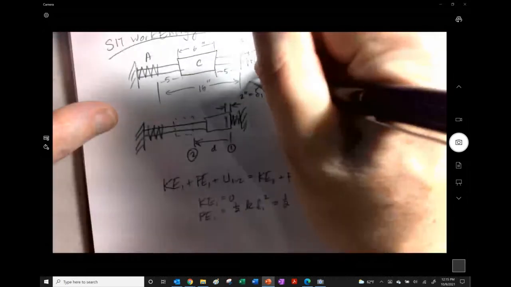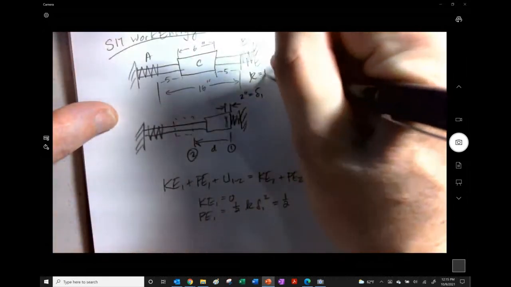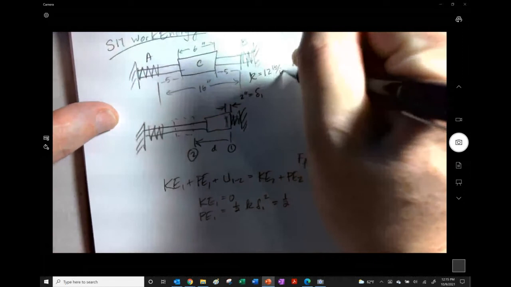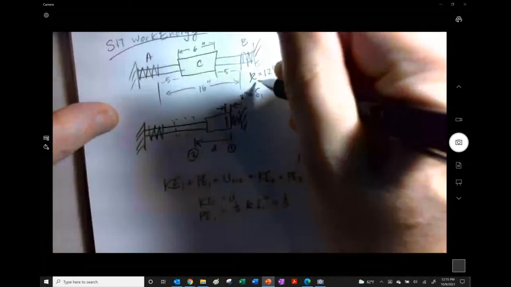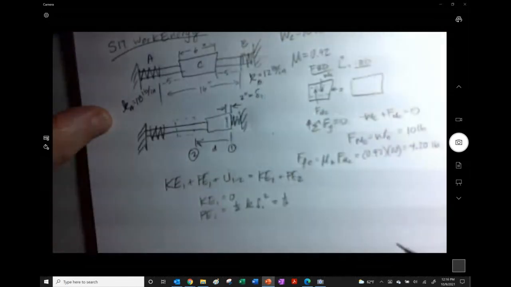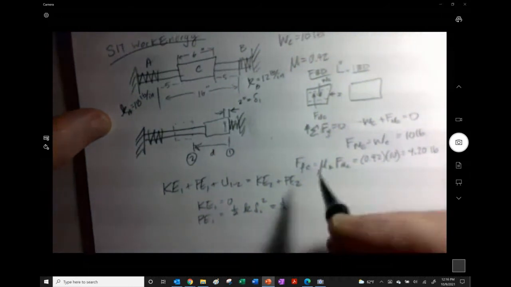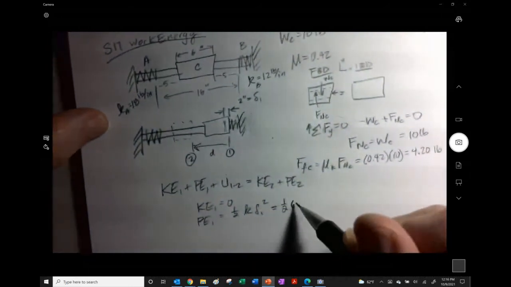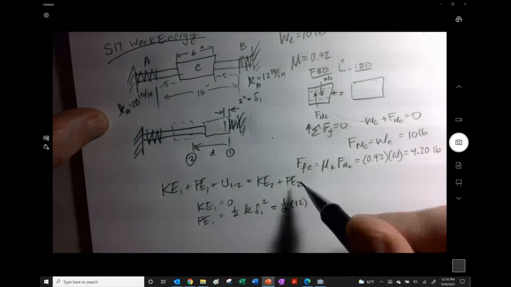They're being a little clever because this was probably part of a problem that had a lot more going on in it. But spring B is this, and spring A is 18 pounds per inch right there. And so this is going to be the 12 pounds per inch.